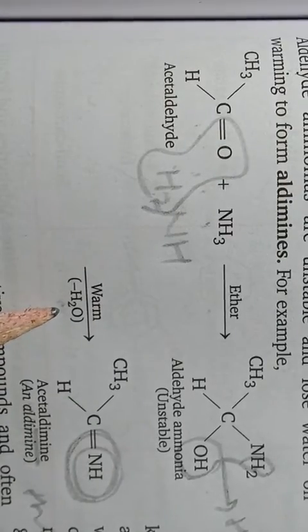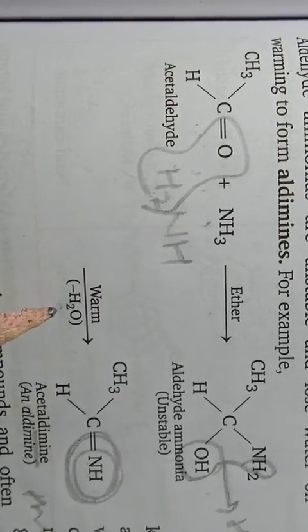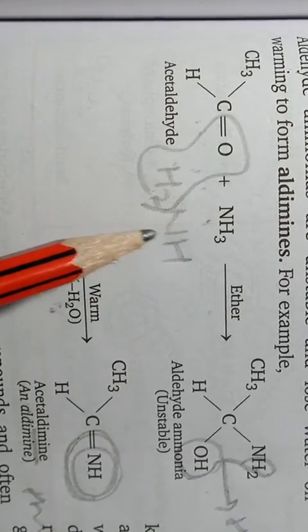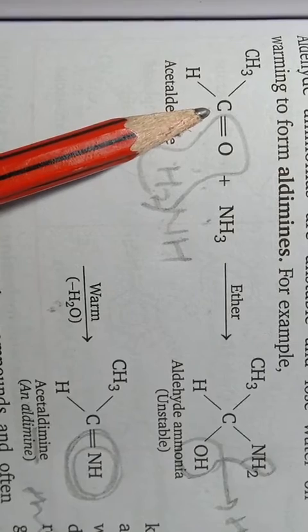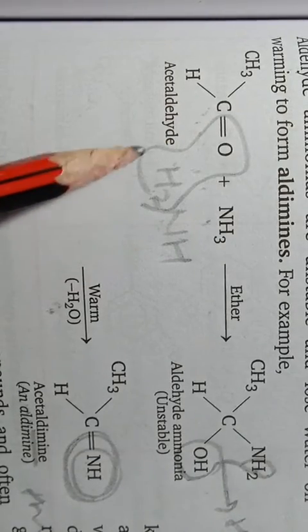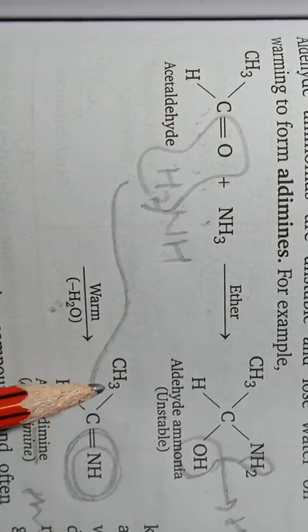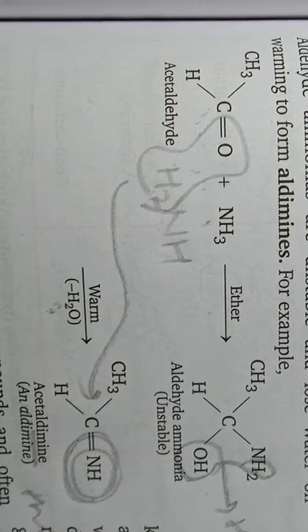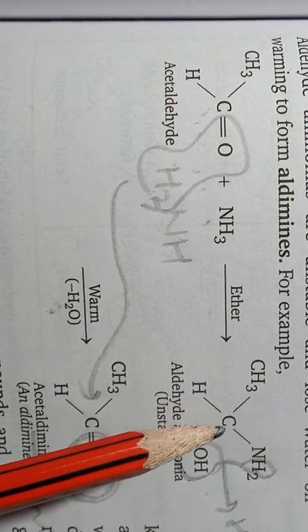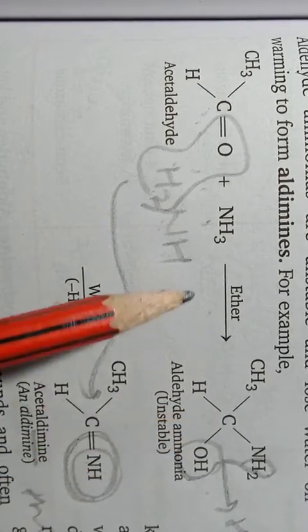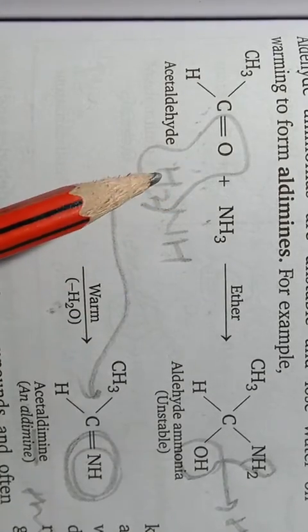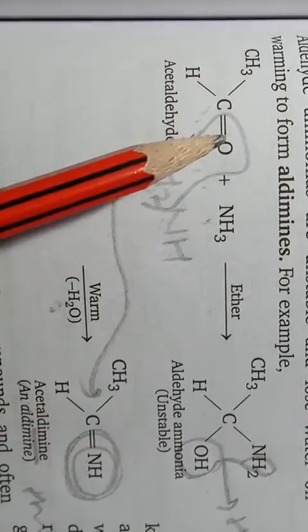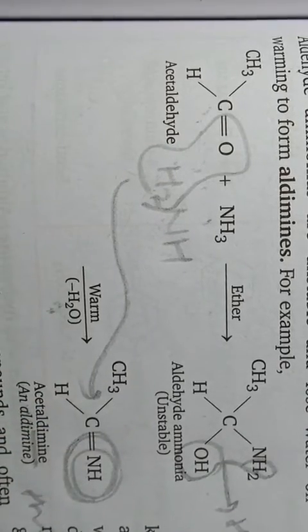After the removal of this water molecule, this NH will join to the carbonyl carbon, and this way you will get your final product. Instead of showing the intermediate, you can write these types of reactions directly in this form.